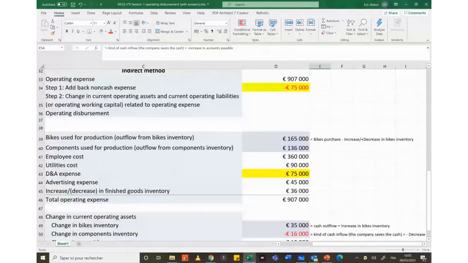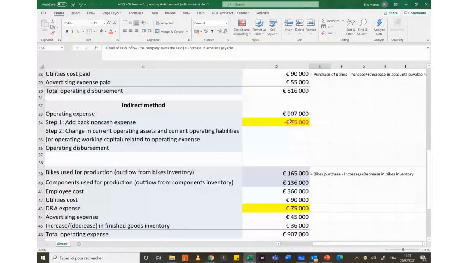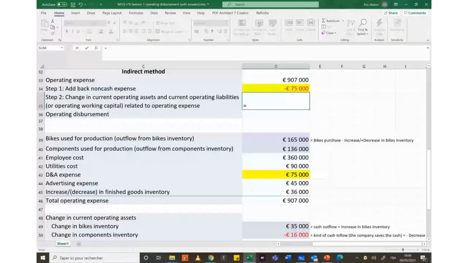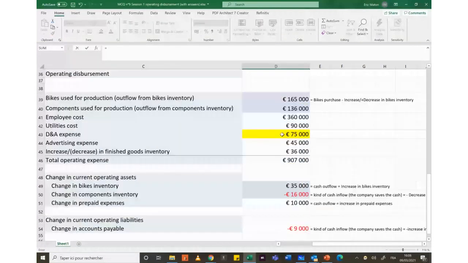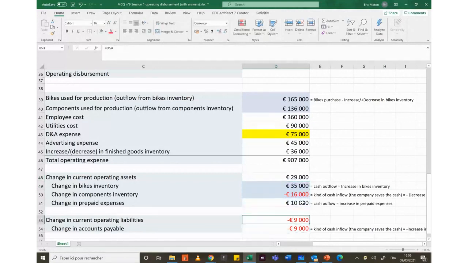So now I can take the sum of the two. Change in current operating assets, change in current operating liabilities. So here I do the sum of all of this. I do the sum of this one, I have only one. So here I have the total.